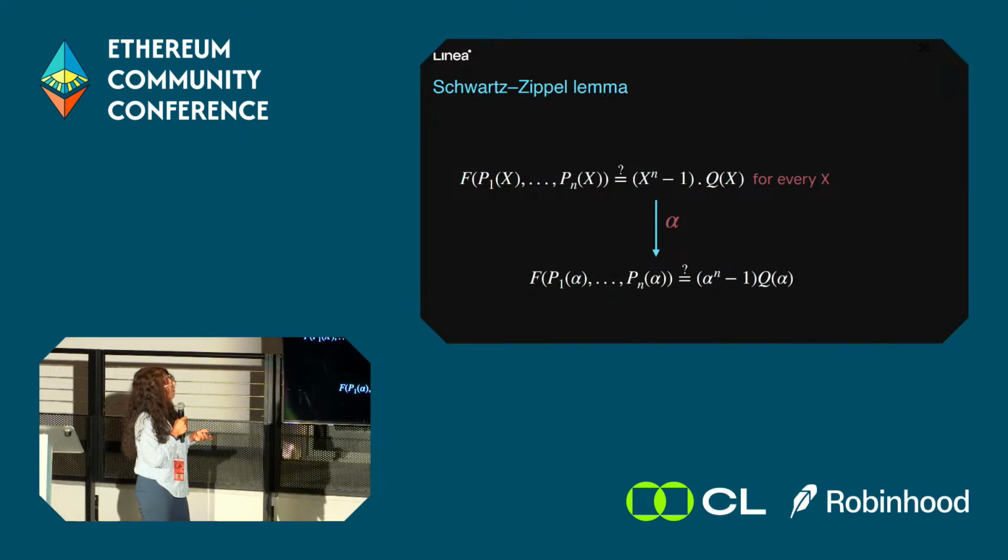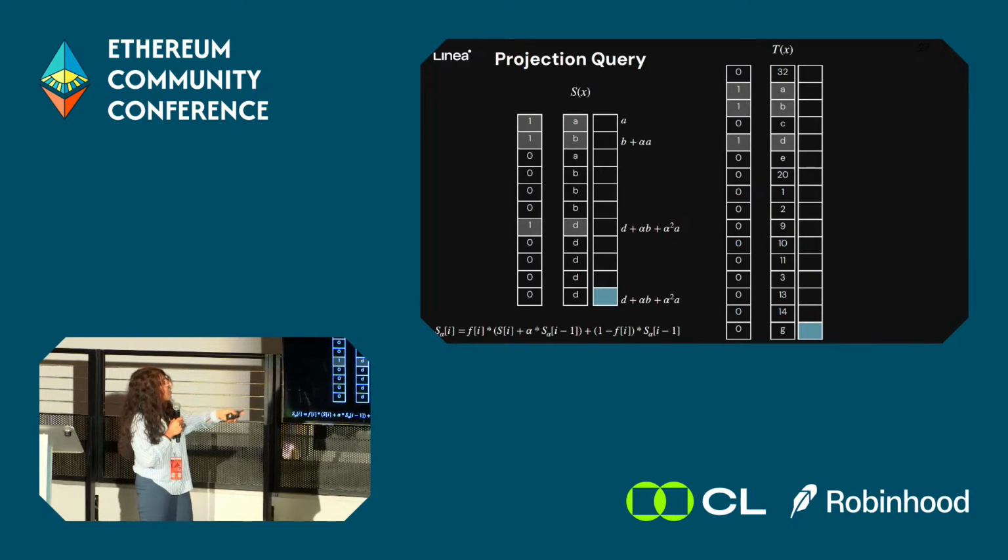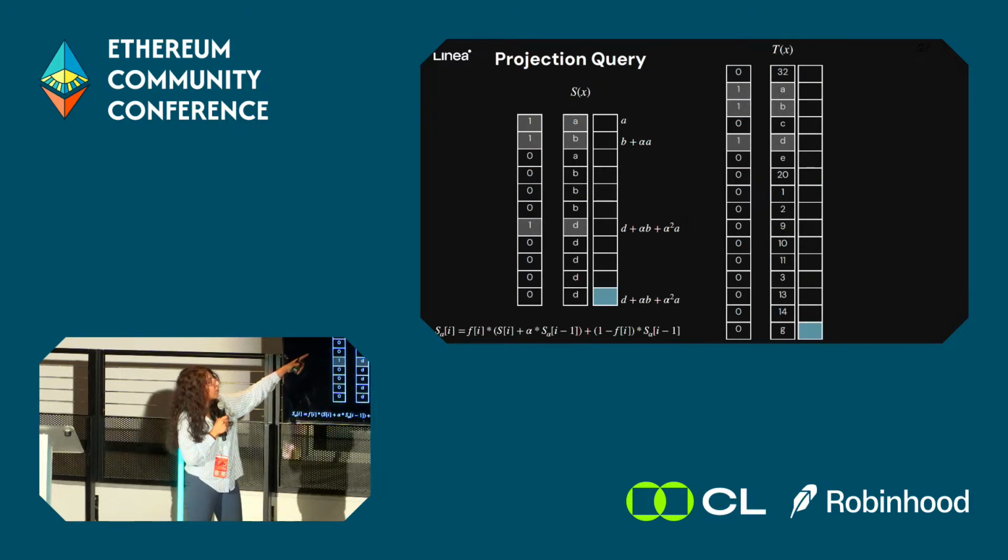So how do these two tools help you, this commitment succinctness and this Schwartz-Zippel lemma? Now you don't need to check, for the accumulation, that for every row it was really the accumulation so far from the previous line.